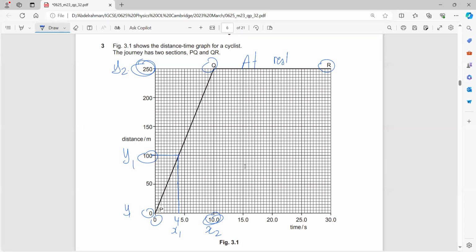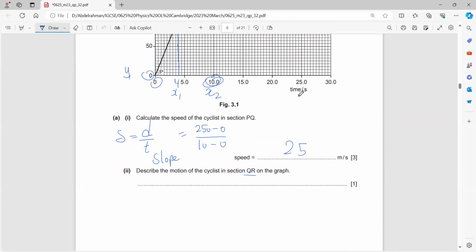Why is he not moving? Because the slope is 0. Here I can say that the slope equals 0. The gradient is equal to 0. Whenever the gradient is equal to 0, that means his speed is 0, that he is at rest, that he is not moving.